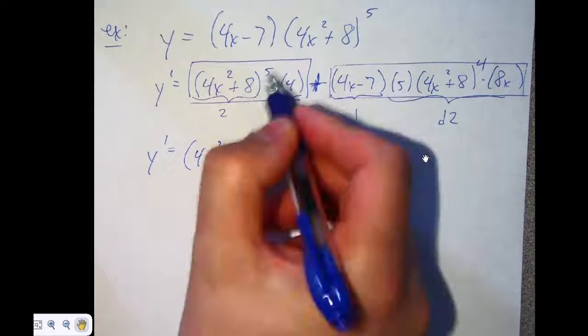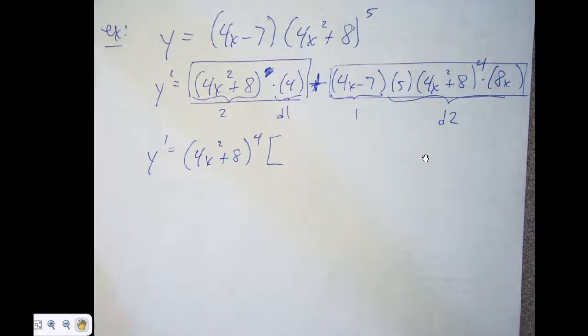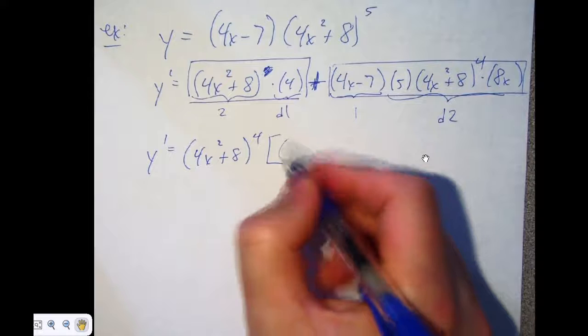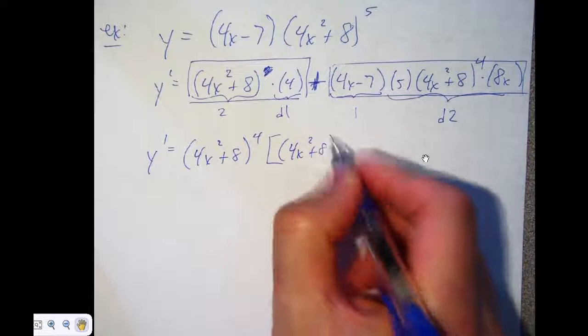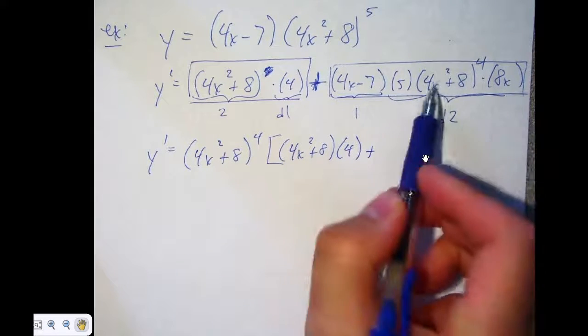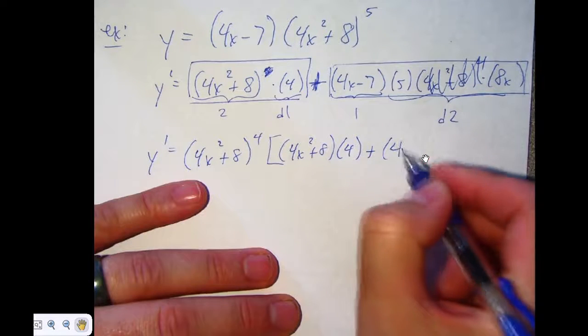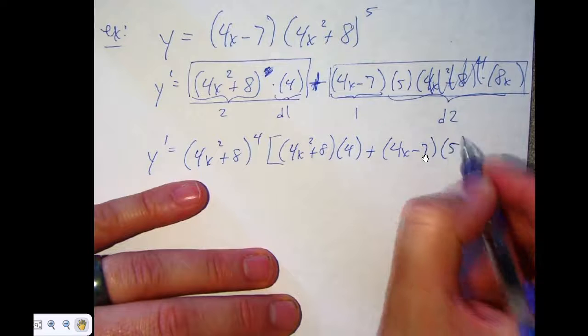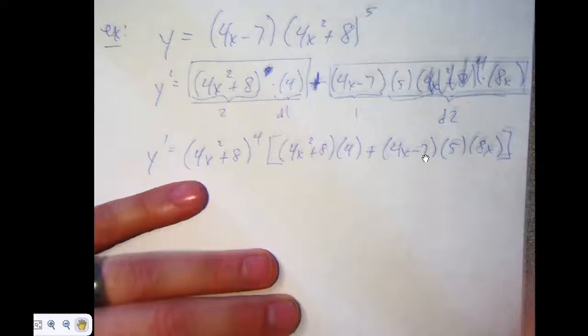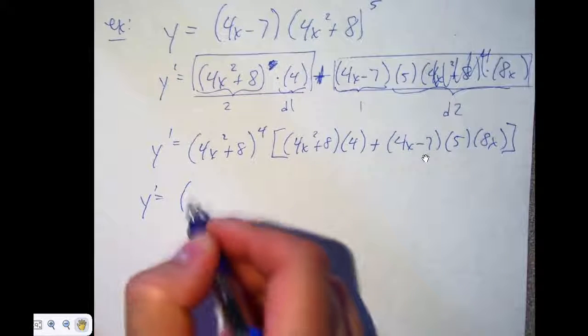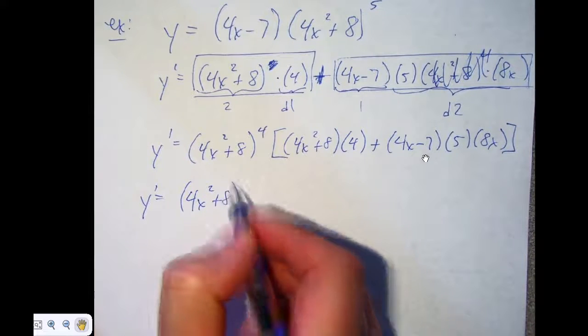If I take 4 of them, there's 1 left there. And that 4 is still there. If I take 4 of them from this term, they're just gone. And then your job would just be to simplify everything inside of that.